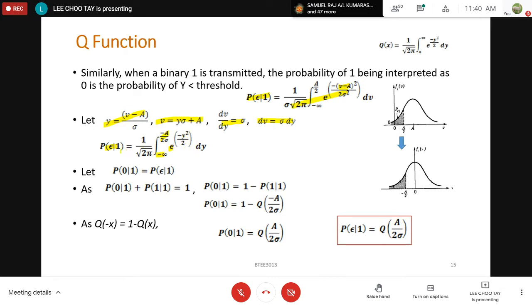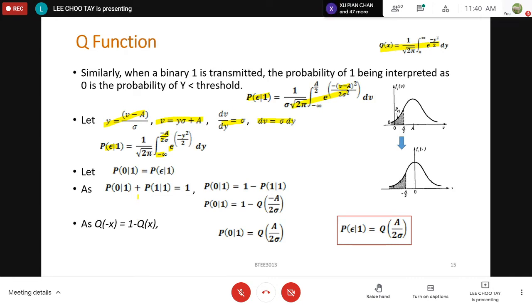So now the equation is in the same form as my Q(x) already. But the only problem is my limit. My limit now is from minus infinity to minus a over 2 sigma, while the limit for the Q function is from x to infinity. So I need to find a way to reassign my limit so that it looks like the Q(x) function.